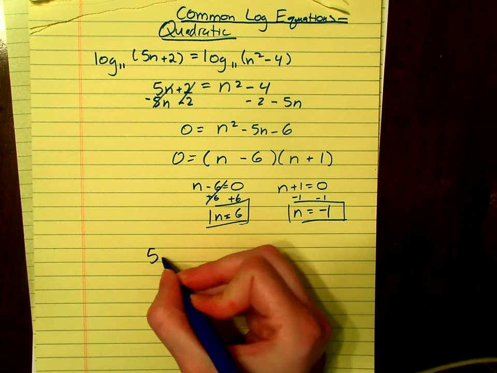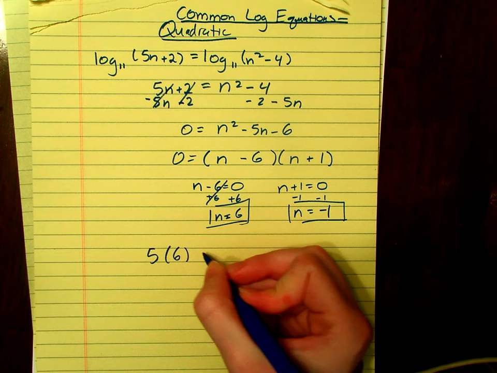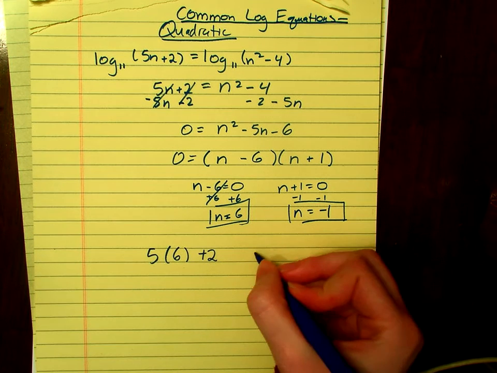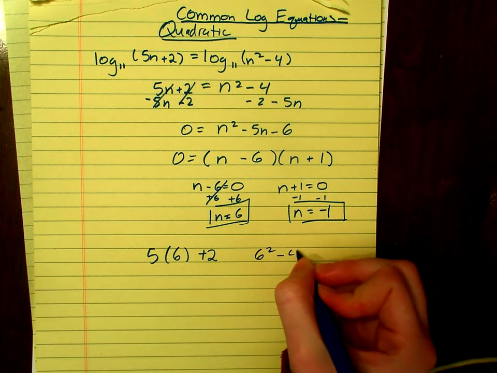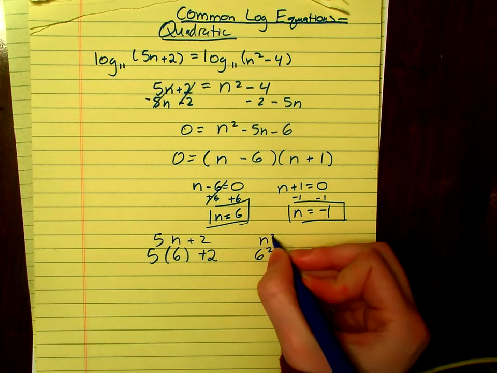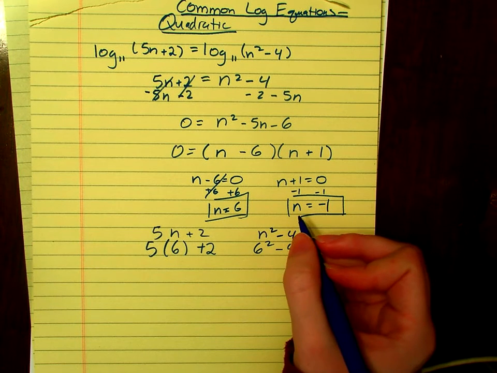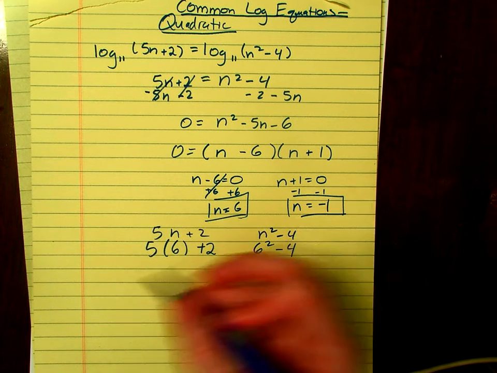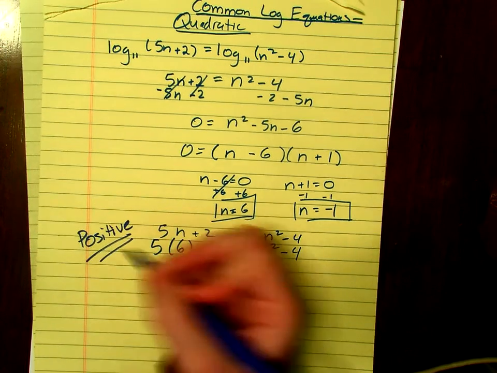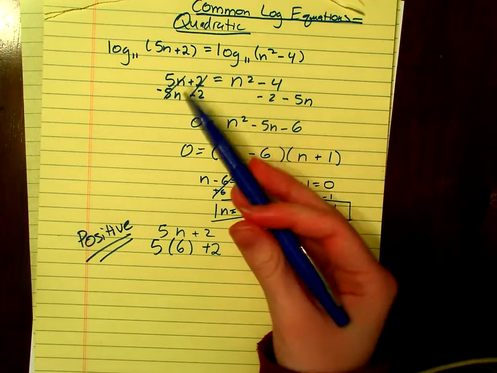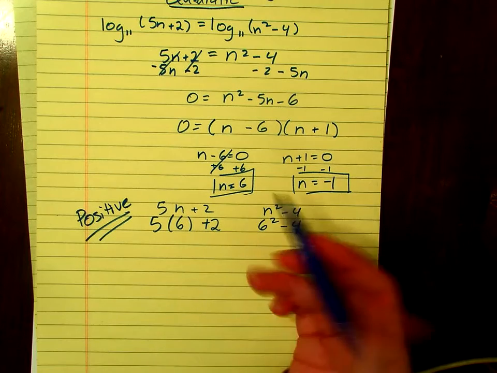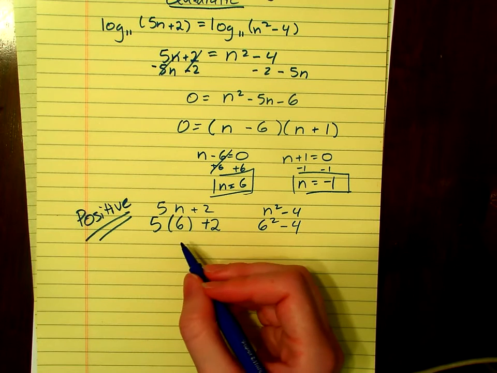So if I get 5 times 6 plus 2 and 6 squared minus 4, plugging into 5n plus 2 and n squared minus 4, I've got to make sure both of these are positive, because it's not possible for me to take an exponent in this case and get a negative solution. So I've got to get a positive solution.